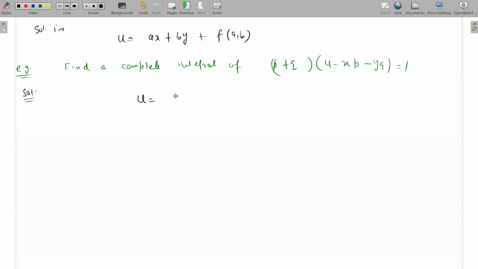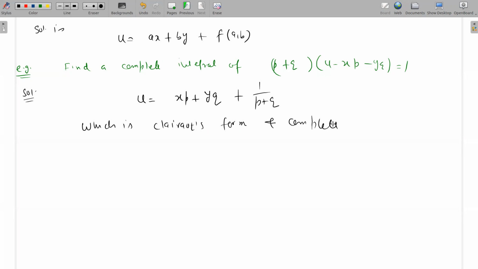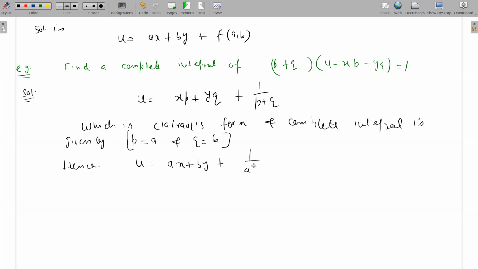So you can write this PDE. But if this factor is there, then this form will be made, xp plus yq, and u also in the first, if this factor is there. If here there is something else like x square, y square, etc., then you cannot write xp plus yq plus 1 by p plus q. So which is Clairaut form? And the complete integral is given by p equal to constant and q equal to constant. Hence u equals ax plus by plus 1 by a plus b.